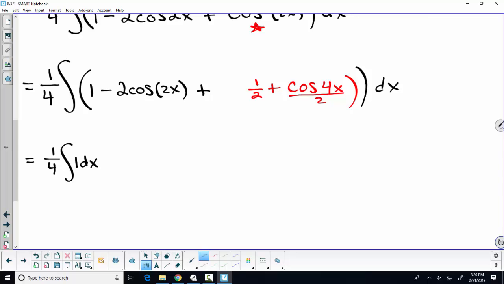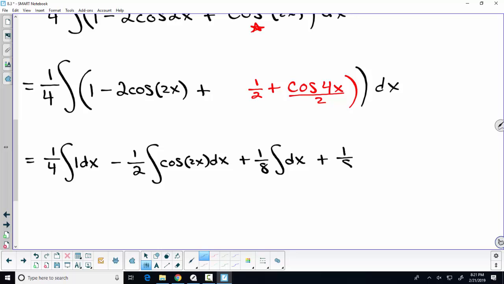The next one, we've got 1/4 times 2 cosine of 2x, so we'll just call that minus 1/2 antiderivative of cosine of 2x. And we've got 1/4 integral times 1/2, so we've got 1/8 integral dx. And then 1/4 times 1/2, 1/8 antiderivative cosine of 4x.